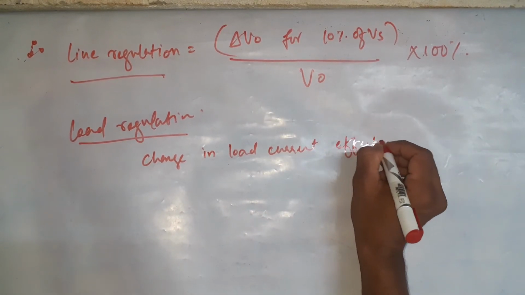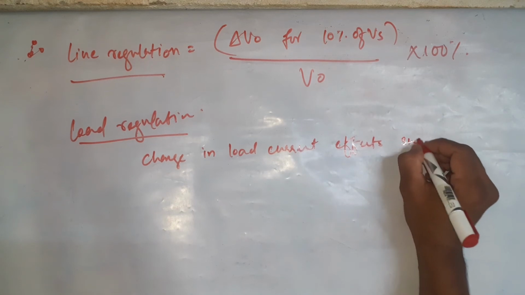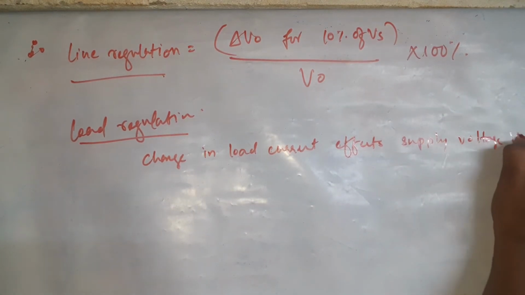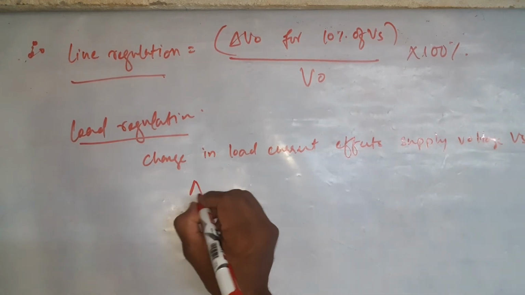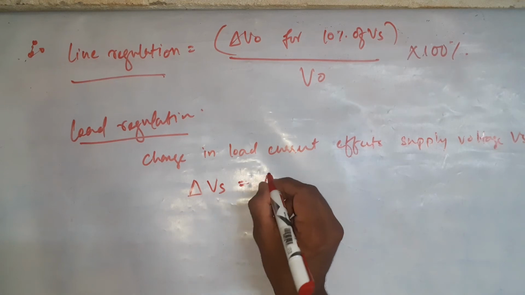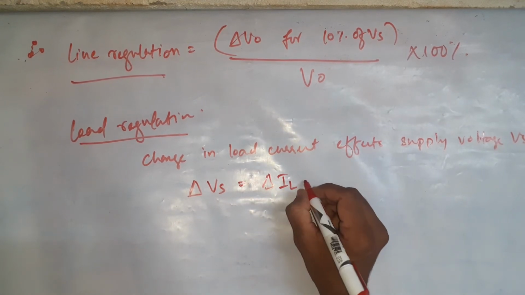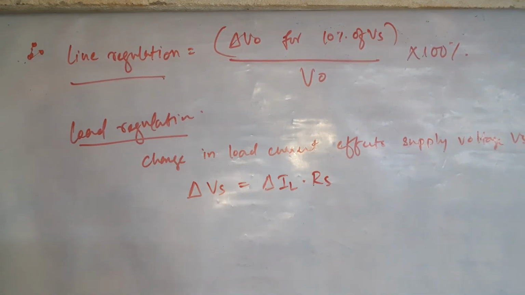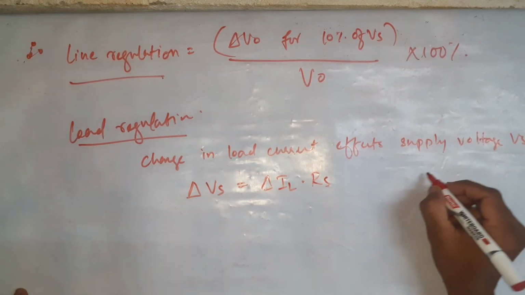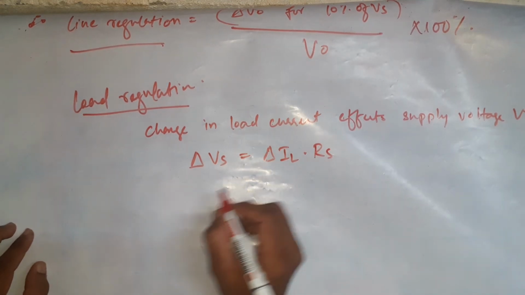also affects, first of all, the supply voltage Vs. So I can write a change in load current will cause a change in Vs, that is delta IL into Rs. Rs is our source resistance.